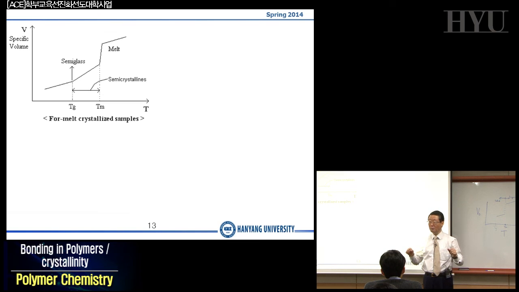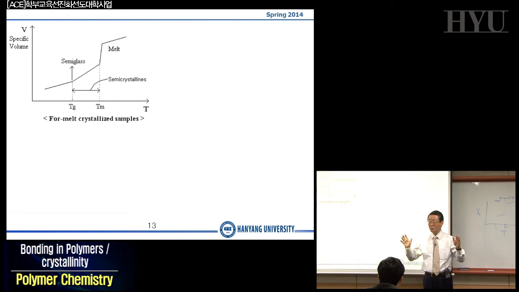If the temperature is frozen, you occupy some space, and the volume that I'm occupying is called the specific volume.